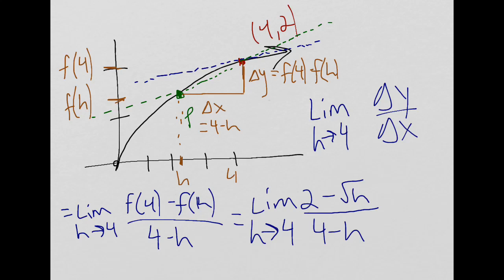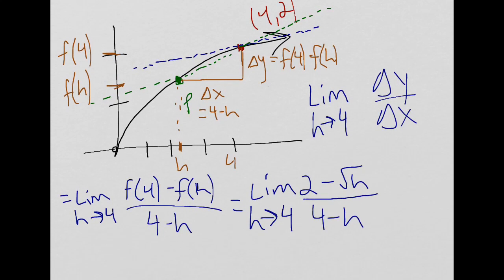Now, this might look sort of familiar. This is a rationalization problem. If I wanted to evaluate this limit using the methods we've talked about before, I multiply by 2 plus root h on the top and the bottom, and then I would be able to cancel my 4 minus h's. Another form of this that would also work is that right there.